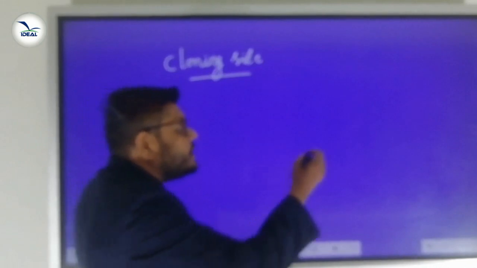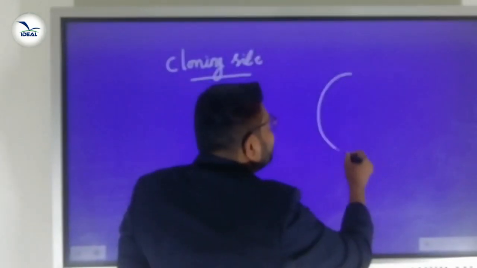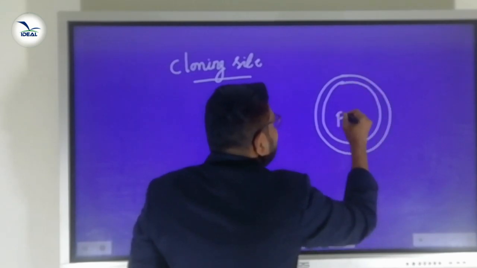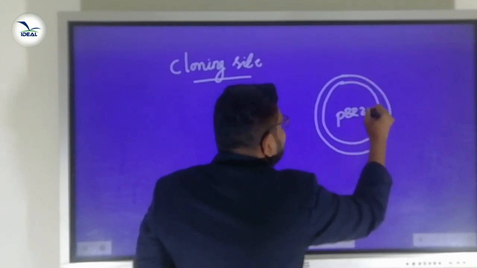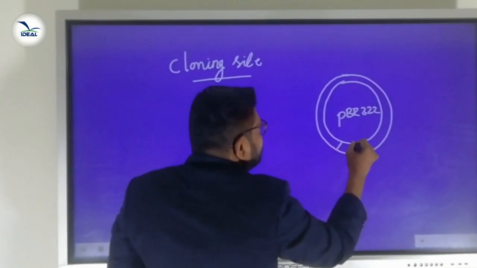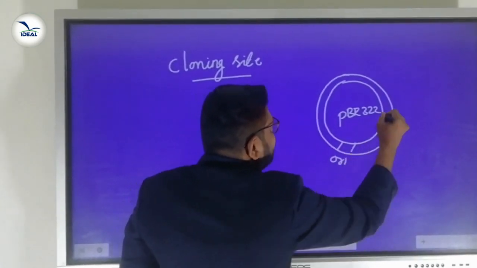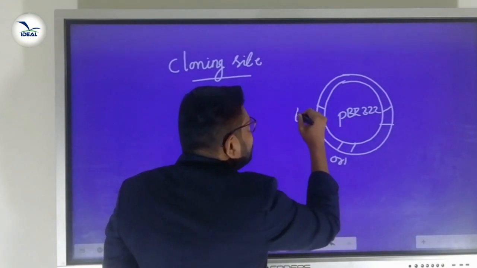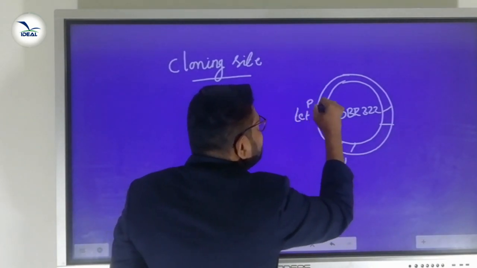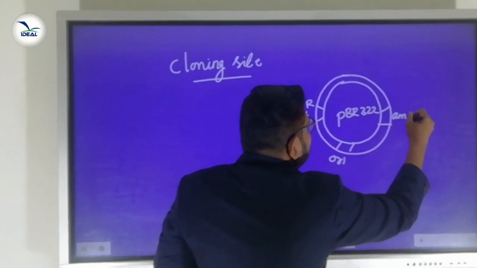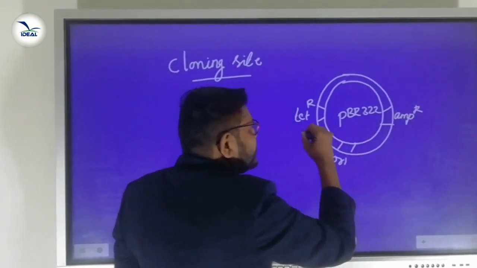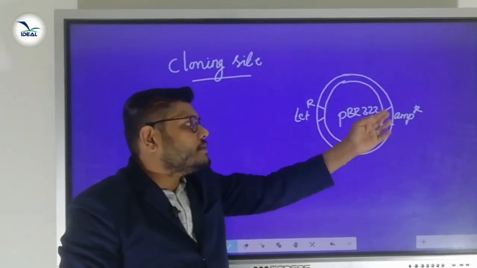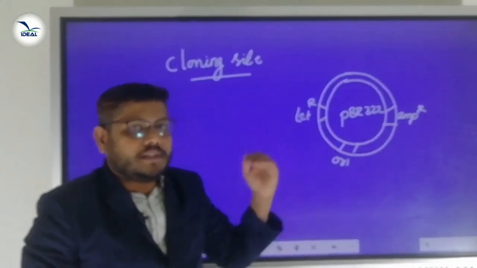We know the plasmid vector pBR322. This is the ORI and there are two antibiotic resistance genes: one is the tetracycline resistance gene, another is the ampicillin resistance gene. These genes resist the antibiotics tetracycline and ampicillin.